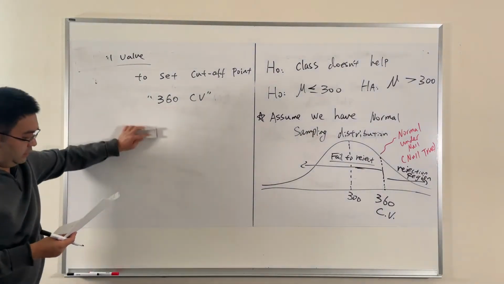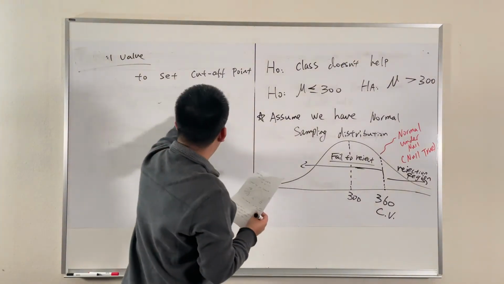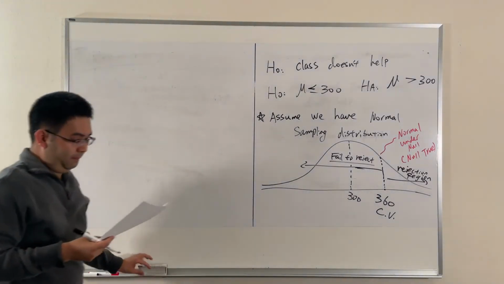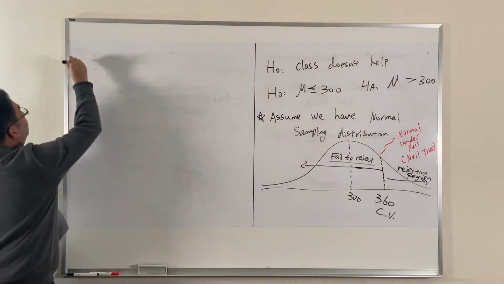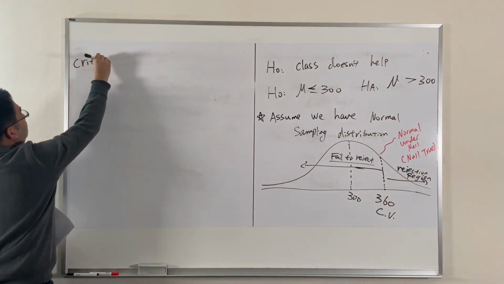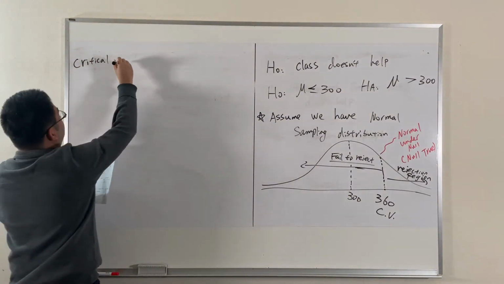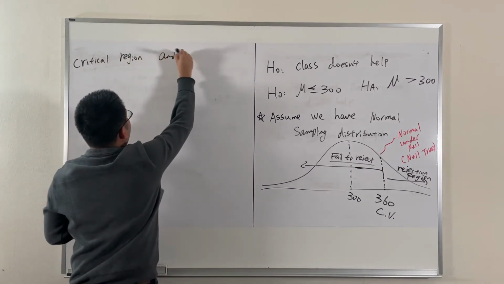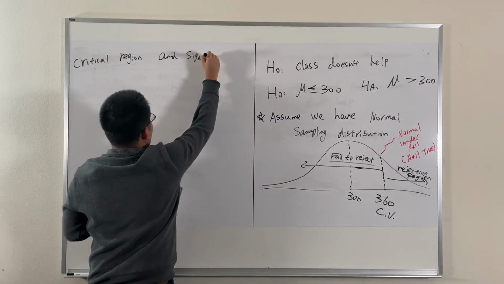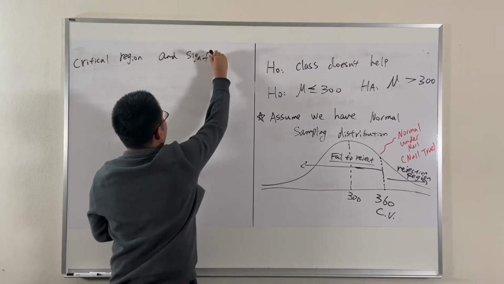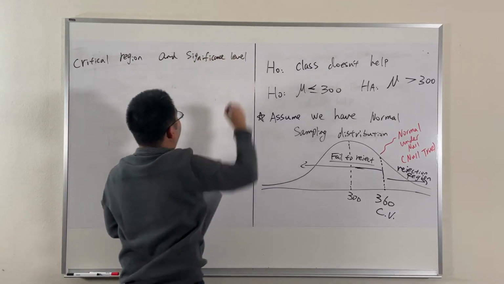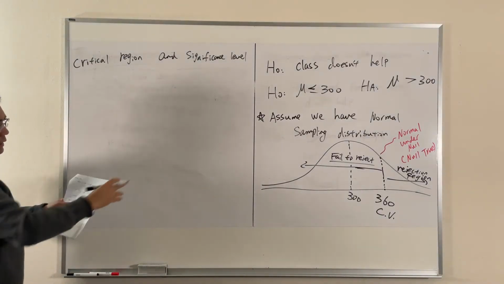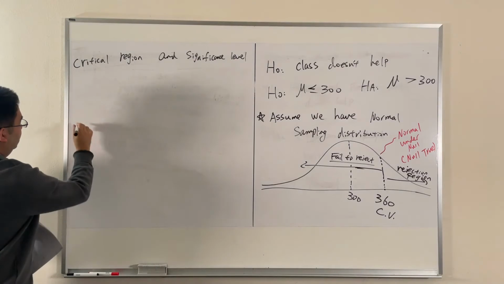Next, let's talk about the concept of critical region and significance level. Critical region and significance level, what it means is that, let me do the normal distribution again.